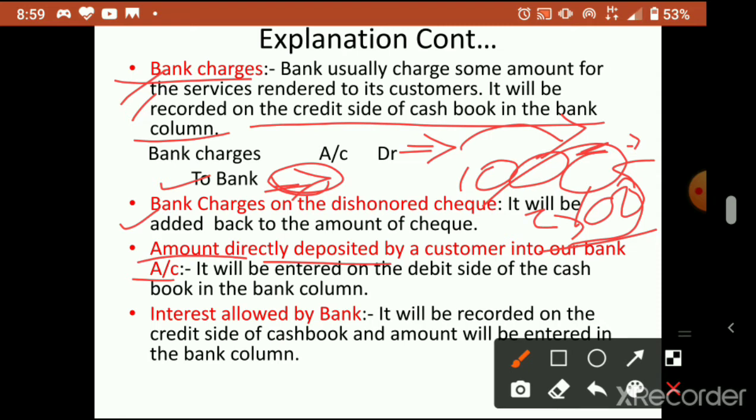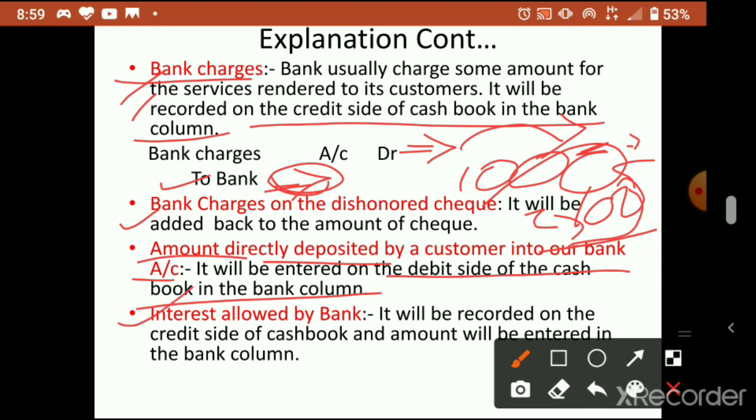Increase means the debit side of the cash book, so it will be entered on the debit side in the bank column. Remember: debit side, and the column is bank.